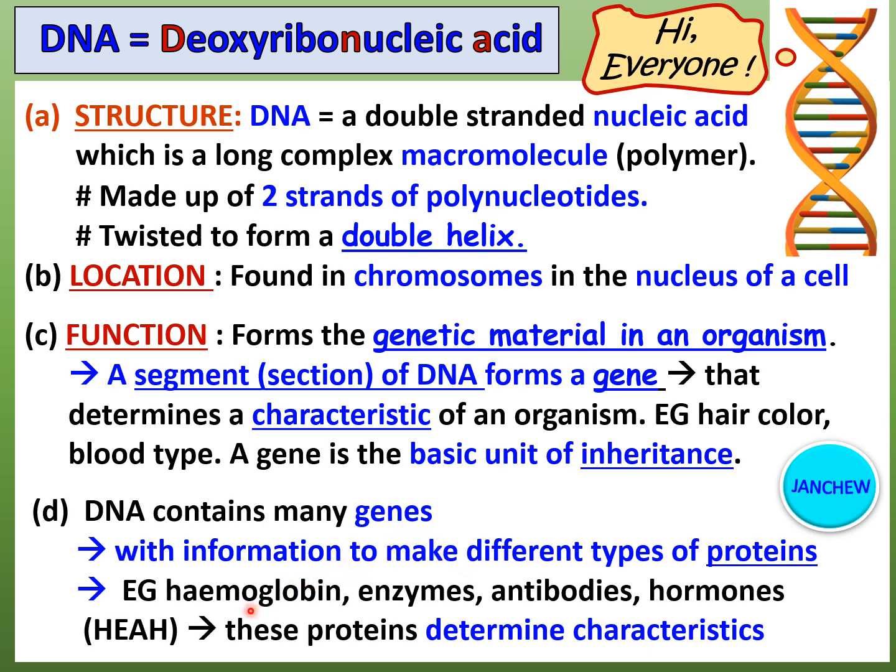All types of proteins, for example, hemoglobin, enzymes, antibodies, hormones. Think of the word HEAH here, for the different types of proteins that our body can make. These proteins that are formed then determine the characteristics of a person. So genes help to determine the characteristics of a person through the production of the different proteins.